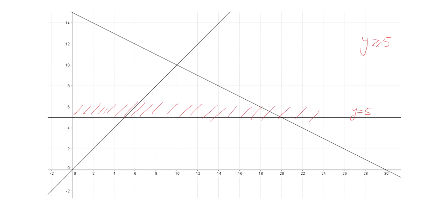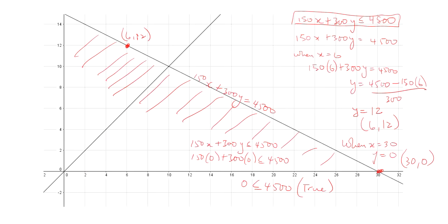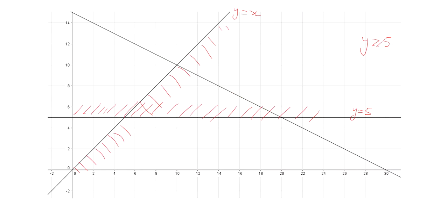Right, now combining everything that we've shaded, we will end up with, so this is y equal to 5, this is y is equal to x, and that region was everything on this side, and then this was the other equation, 150x plus 300y is equal to 4500, and that region was represented by everything below here.